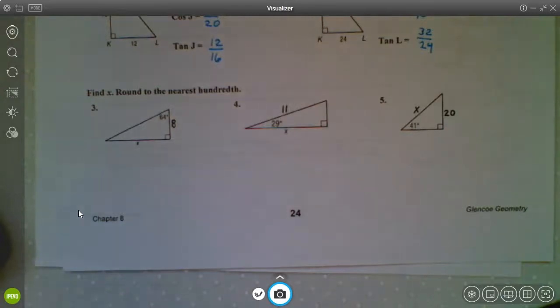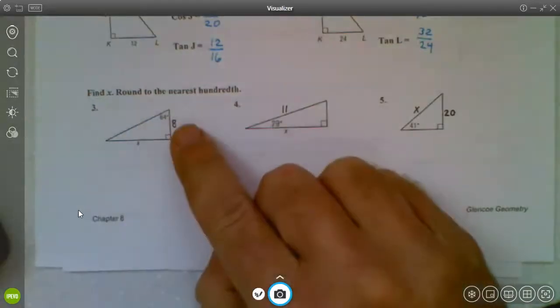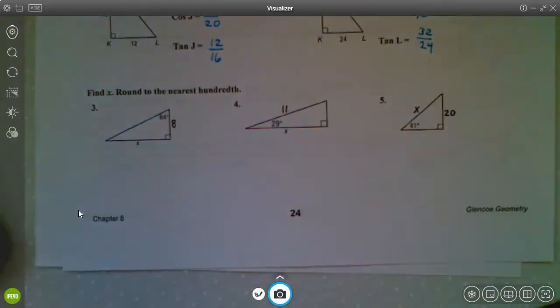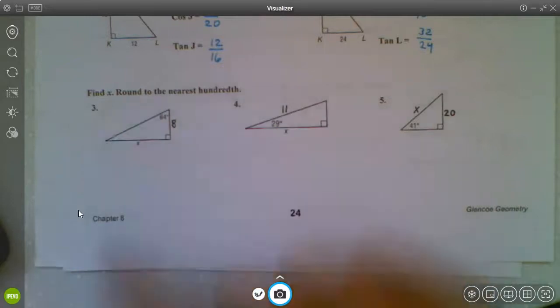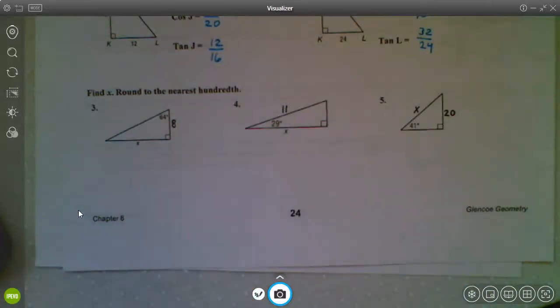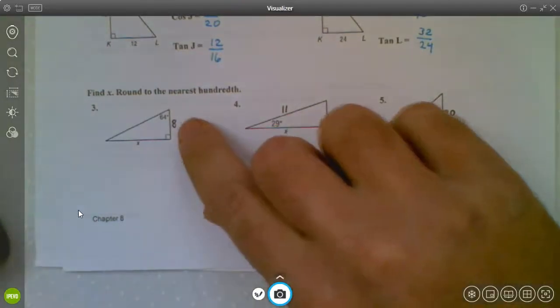Well, if I look at this triangle, do I have enough information to use Pythagorean theorem? I really don't, right? I only know one side length, and that's not enough. Pythagorean theorem, remember, is a squared plus b squared equals c squared. That requires that you know at least two of the sides, so I can't use it if I only know one value.